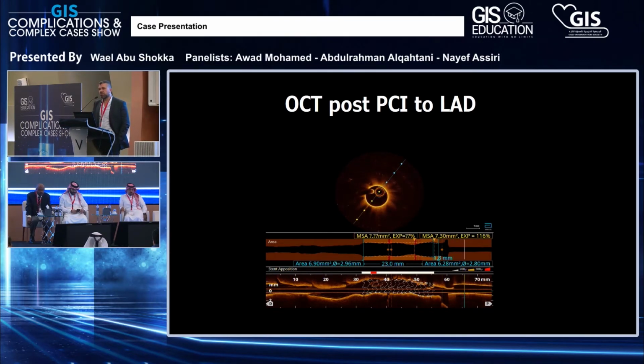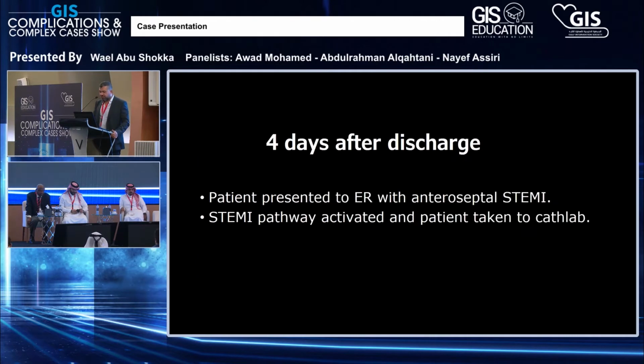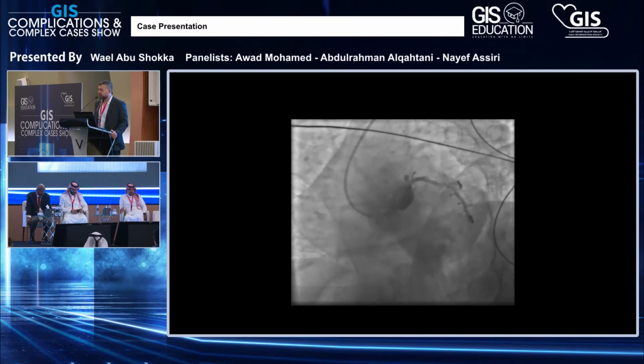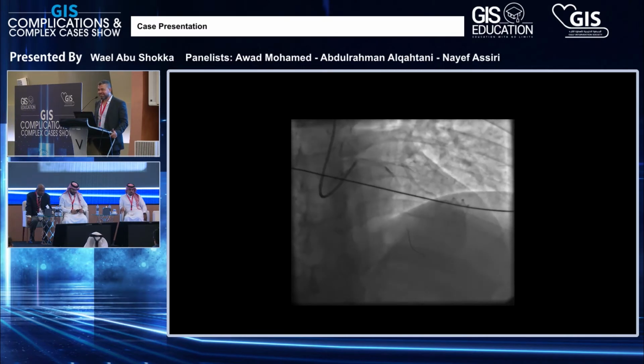We kept the patient 48 hours to check his creatinine, and he was discharged on ticagrelor BID, aspirin, bisoprolol, perindopril, and rosuvastatin. What better can be done? But unfortunately, after 4 days, the patient came to our ER with ST elevation in anterior leads. It was really unexpected.